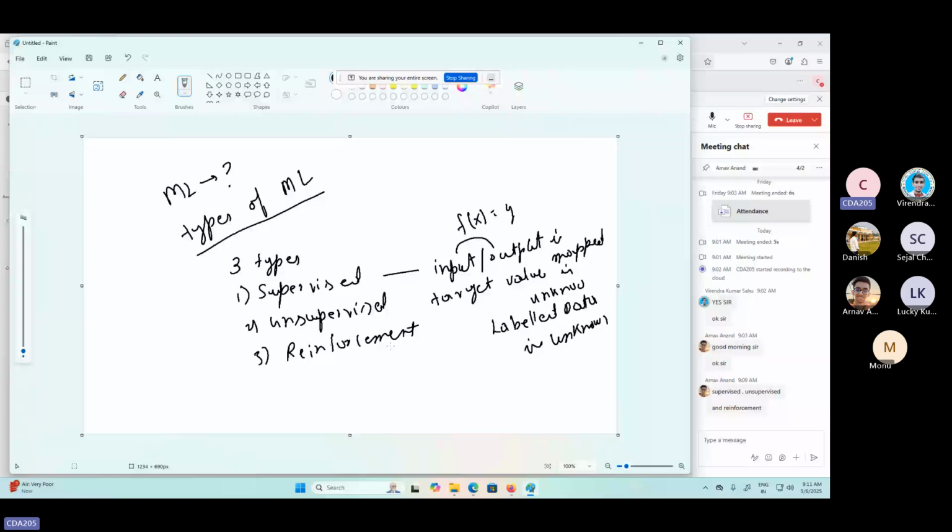Whereas when we talk about reinforcement learning, what is reinforcement learning? Can anyone tell? It is decision based.